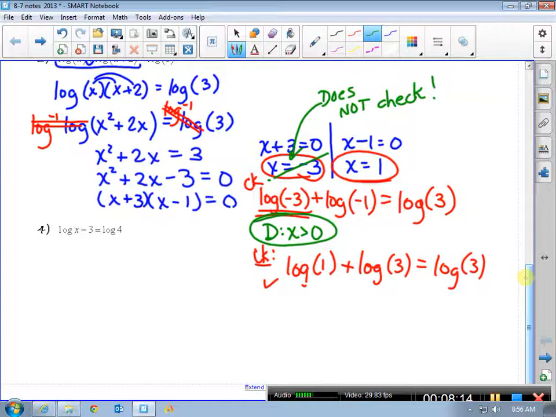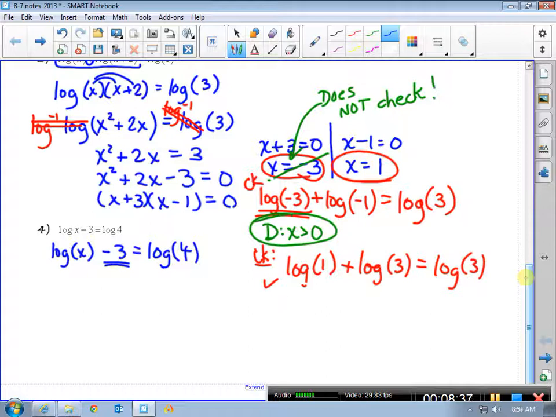Number 4. Number 4 looks a little bit different, so we're going to need a different strategy here. This officially is the log of x, take away a 3, equals the log of 4. So this 3 is a plain 3. There's no x on that.